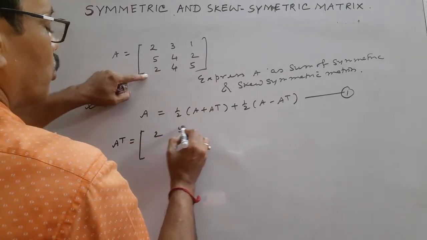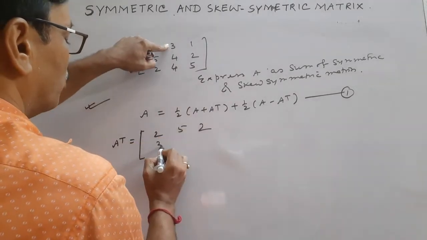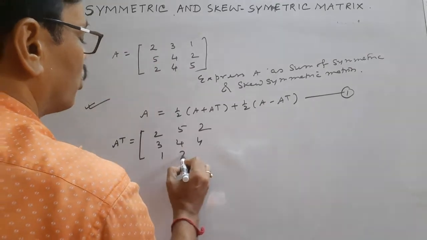A transpose is 2, 5, 2, 3, 4, 4, 1, 2, 5.